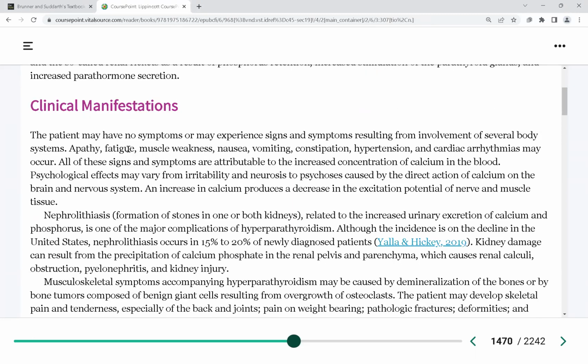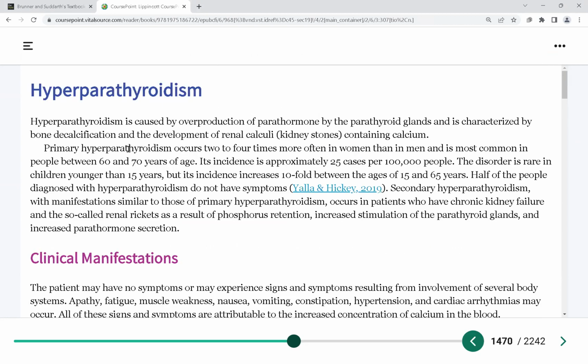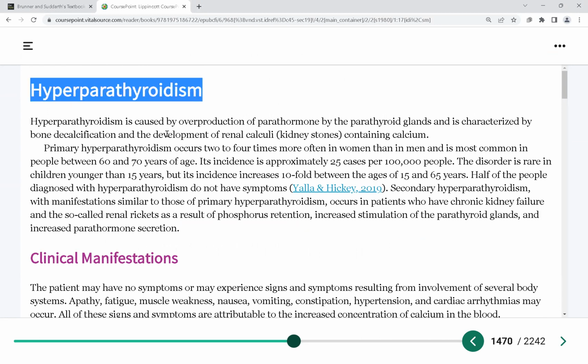So manifestations will be, what do you think will be signs and symptoms? These are all signs and symptoms of what? Since there's only one problem. These glands have one purpose, which is to produce parathyroid hormones. And there's only one job of the parathyroid hormone, which is to do what?